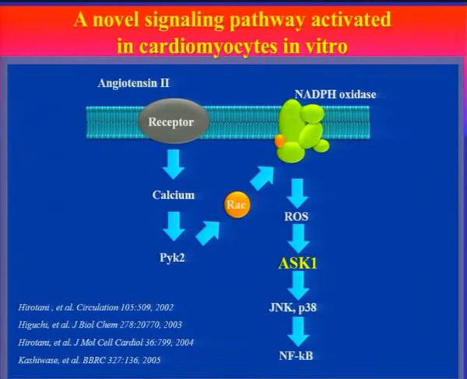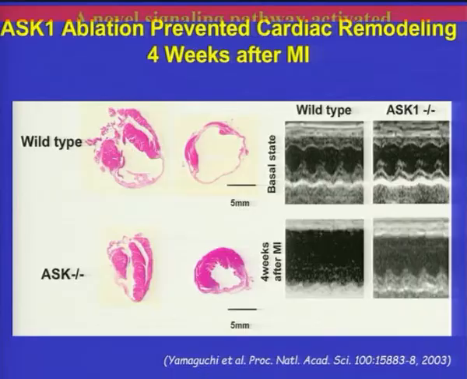This is a key factor of JNK and p38 activation. And finally, NF-kappa B, the transcription factor which stimulates the cytokines. In the upper loop of the inflammatory cytokine pathway are angiotensin II, catecholamines, and endothelin 1. These factors activate this pathway.